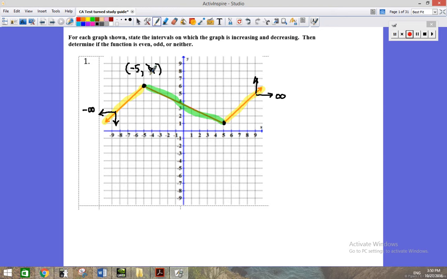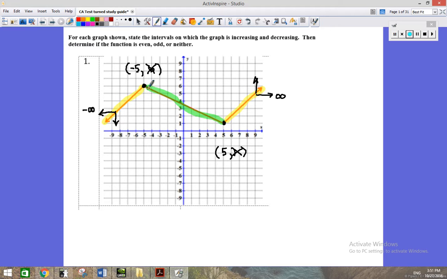I'm not interested in using the 6 when I'm describing the interval, the location of where this function is increasing or decreasing. I'm only interested in using x coordinates. So down here, this point is 5, 1, but I'm not interested in using that y coordinate.